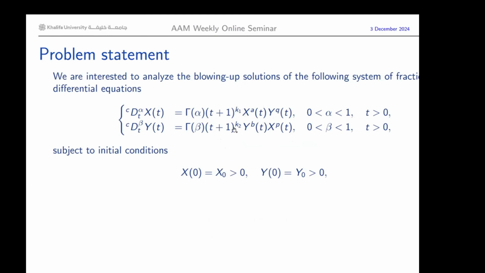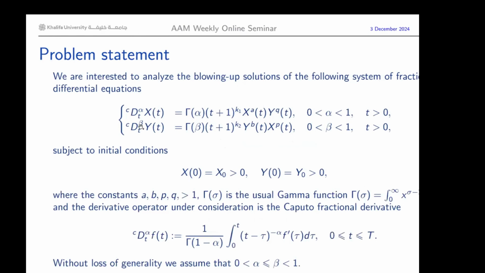The powers k1 and k2 will be determined later, and the derivative under consideration is the fractional derivative in the Caputo sense given by the following definition. Without loss of generality, we assume that alpha is less than or equal to beta. Essentially, one fractional order is simply less than the other. It could be the same, but in general, it is different.